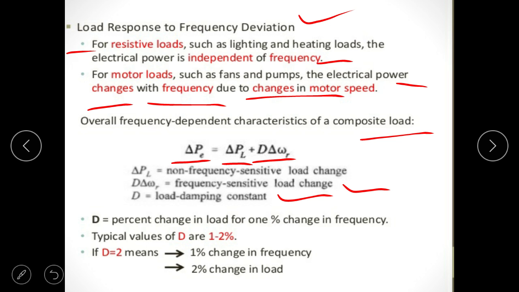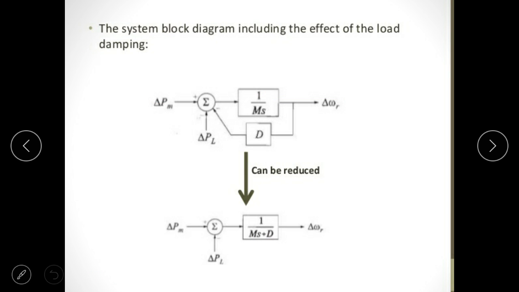Delta PL is non-frequency sensitive load change. So D is known as the percentage change in load for 1% change in frequency. Typical value of D is 1 to 2%. If D is equal to 2, it means 1% change in frequency gives 2% change in load.